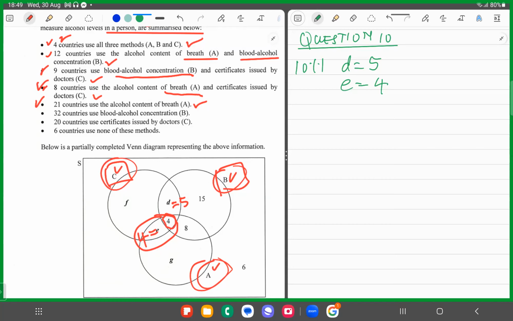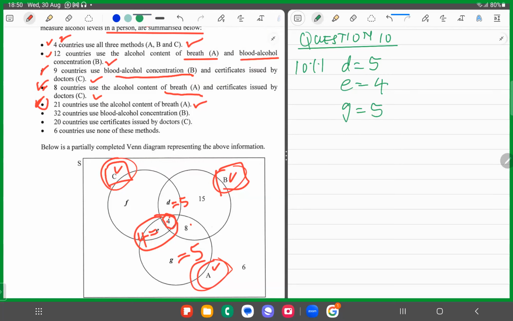Let's see what G can be. What is 4 plus 4 plus 8? 4 plus 4 is 8, and 8 plus 8 is 16. So G is exactly equal to 5, because you have 21. So G is equal to 5.